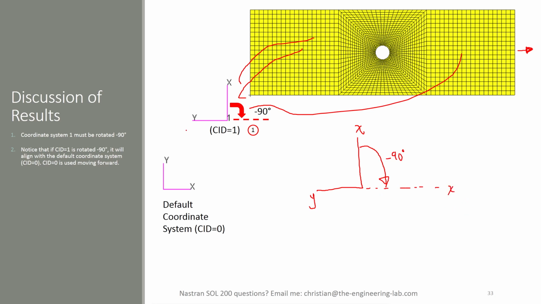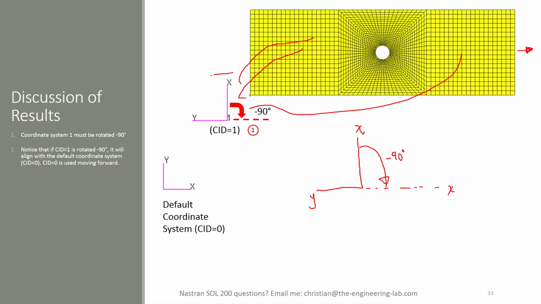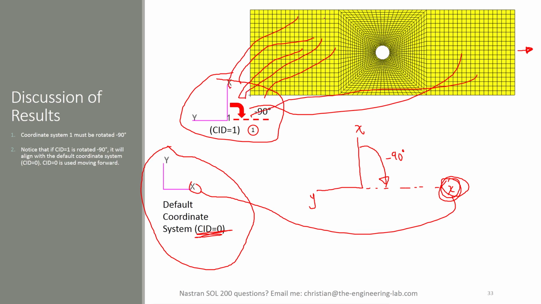I can either modify the local coordinate system, but you'll notice that the x-axis here aligns with the x-axis of the default or global coordinate system that has an ID 0. So before, all of these elements were using this coordinate system to define the 0 degree direction of the plies.